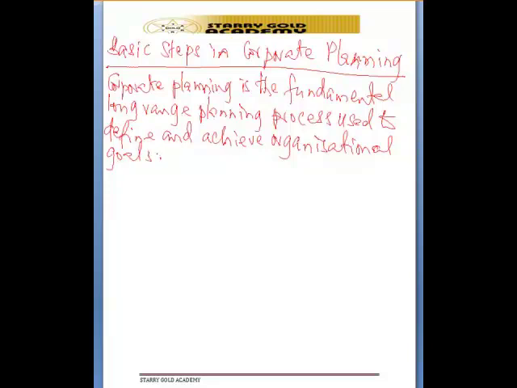The basic steps involved include the following.